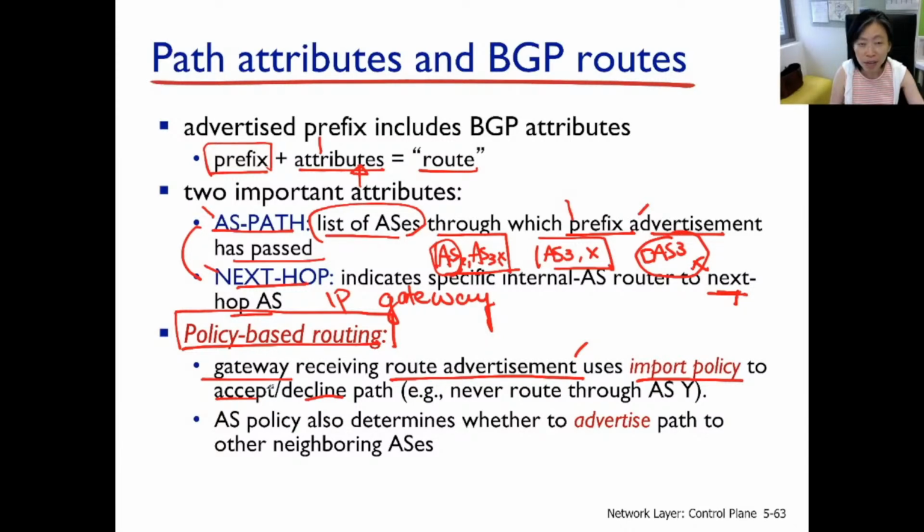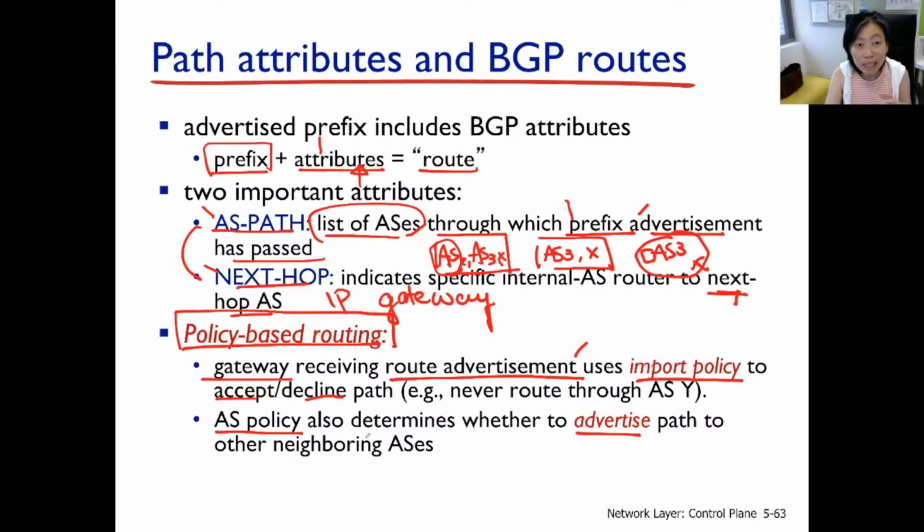Now the gateway routers in the AS receiving these accepted advertisements will then decide whether to prepend themselves and then pass the expanded advertisements to the other neighboring ASs. But there is also policy the AS might apply before these other gateway routers advertise the expanded AS path to the neighboring ASs.